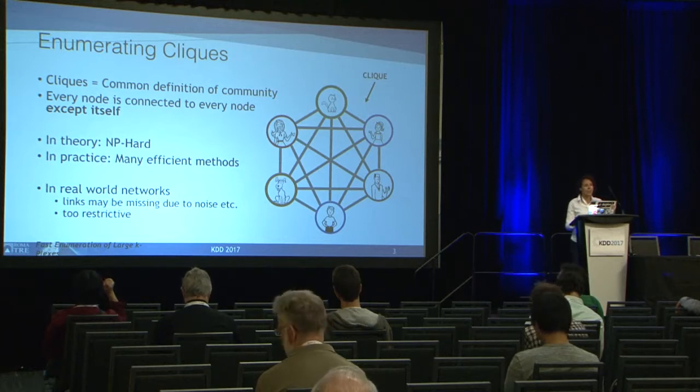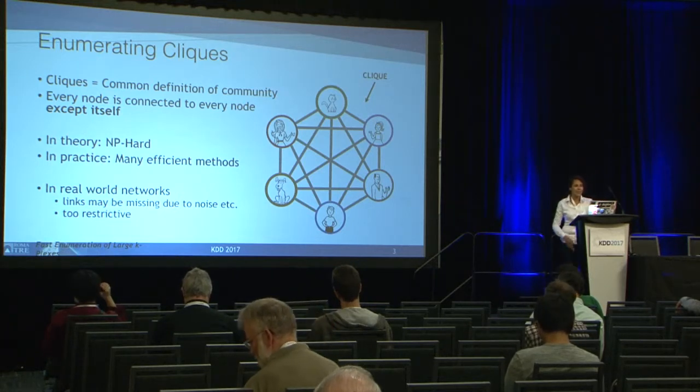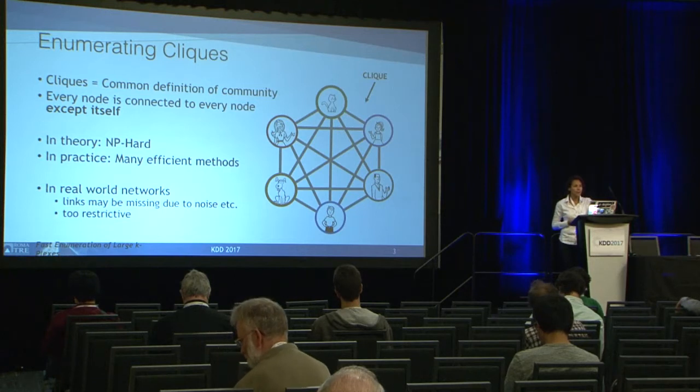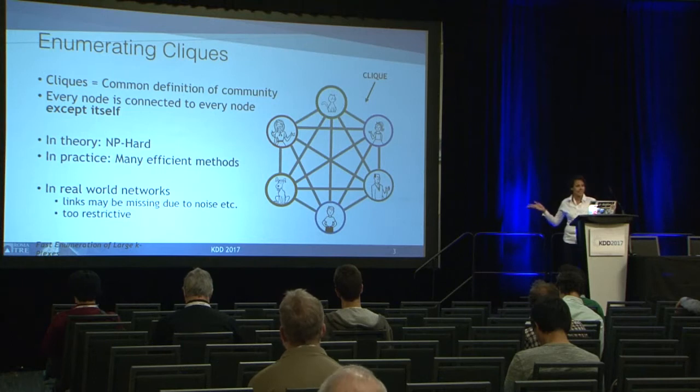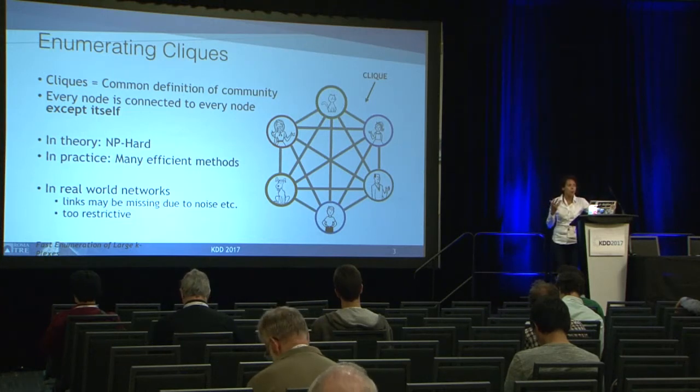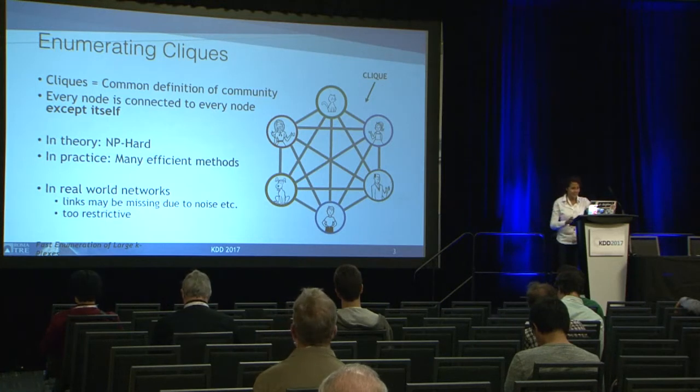Unfortunately, cliques may not be the best way of enumerating communities, because in real-world networks you may have missing links due to noise, and the definition of a clique for a community is somewhat too restrictive.